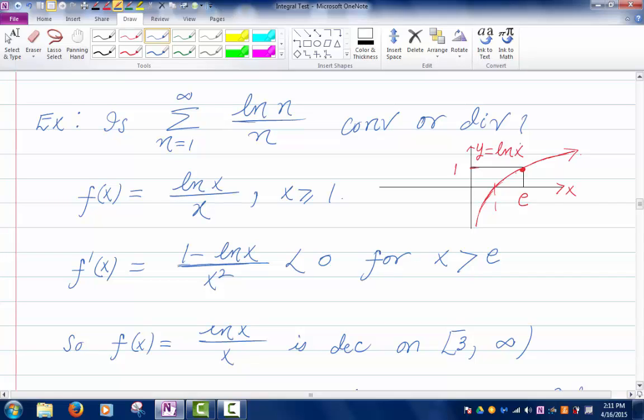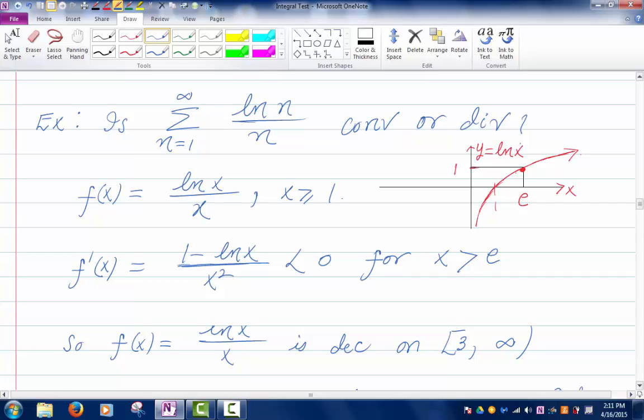Now you ask yourself, when is this derivative negative? Because you want to know where f is decreasing. In order to do that, you need to know where the derivative is negative. This derivative is negative when the ratio is negative, but the denominator, x squared, is already positive.